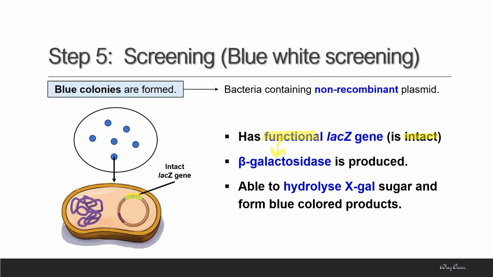This enzyme will enable the bacterial cell to hydrolyze the X-gal in the medium plate. So, when the X-gal sugar has been hydrolyzed by the enzyme, it can form the blue color product. And the blue color product will color each of the bacterial cells blue. This is why we have blue colonies formed.